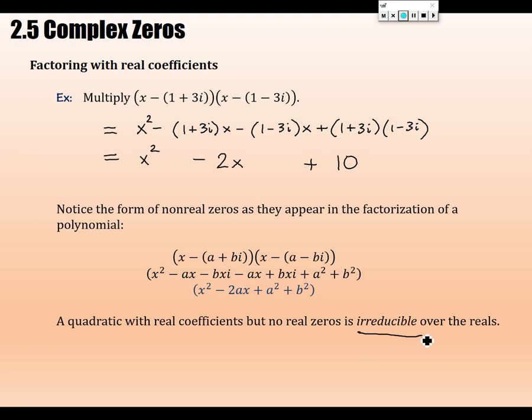Why? There's always at least one real zero for a cubic. So if you have a cubic, you should definitely be able to factor it as x minus something real times possibly an irreducible quadratic. Same with a 4th degree or any higher. So there's no such thing as an irreducible higher polynomial.